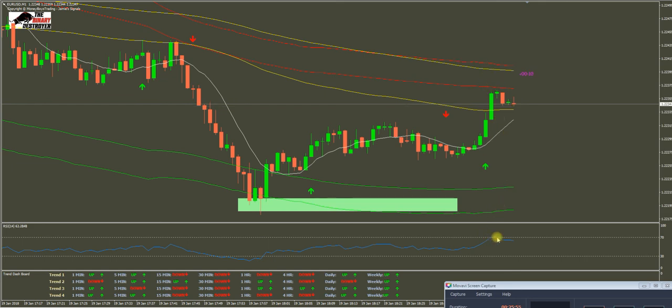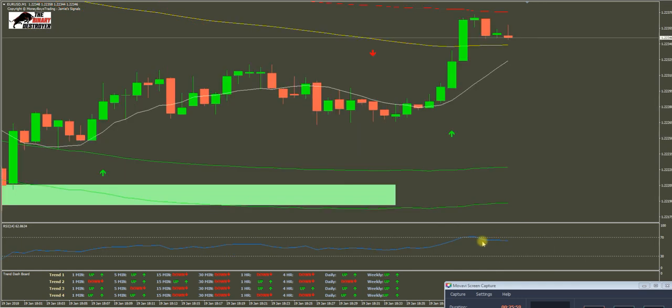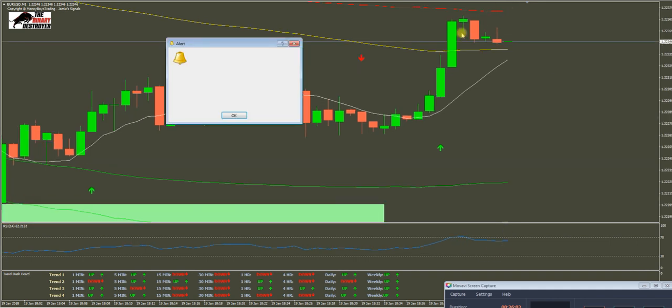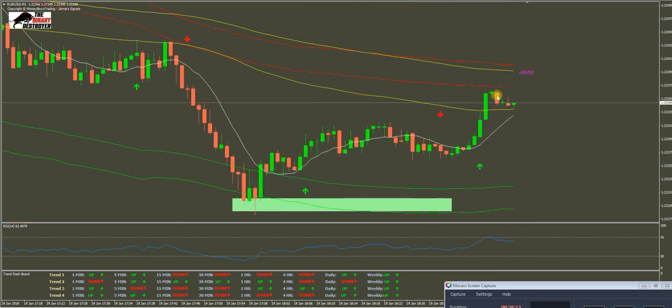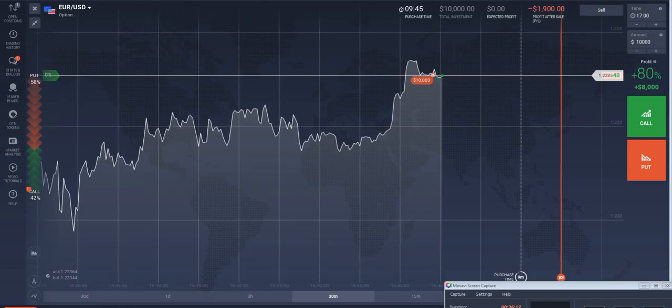Look at my RSI, overbought, and it's already started going down. Can you see that? It's crossed the 70 and started going down, and I'm getting that massive red engulfing candle. So it's rejecting from this area here, so I get in for a quick 15-minute trade.